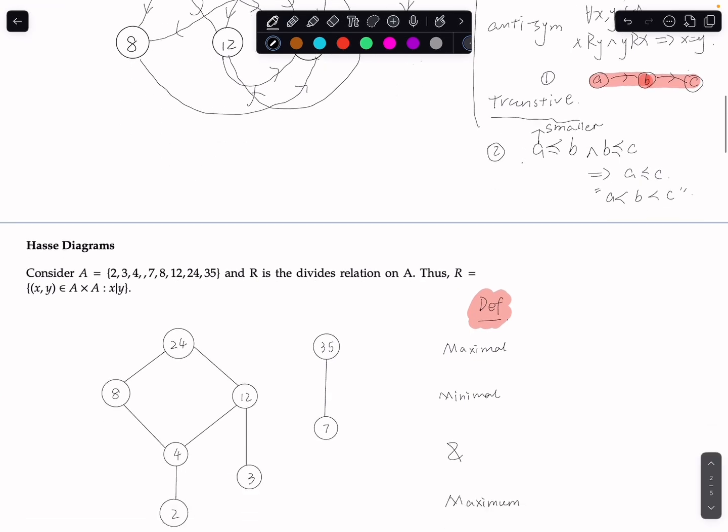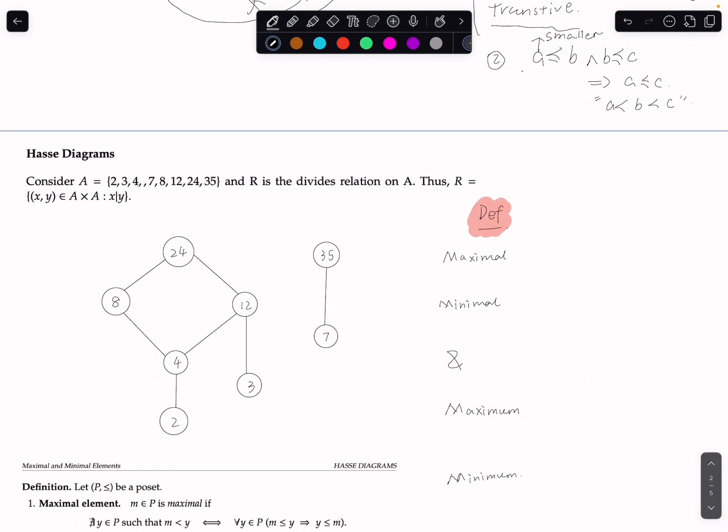Okay, so here we are. This is the simplest final version of my Hasse diagram. So that is saying, all the relatively smaller numbers are at the bottom, and we get rid of all the arrows here just to draw the Hasse diagram in the simplest form that could help us to visualize the poset.